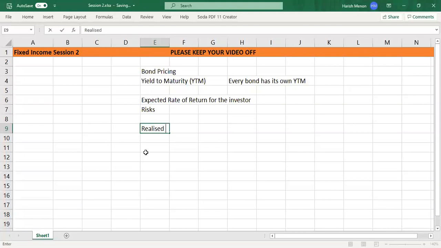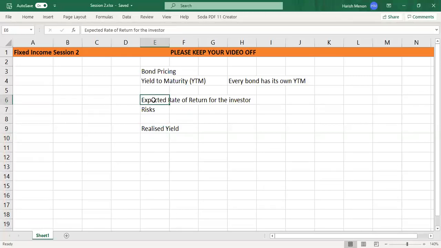So for every investor, we eventually talk about something called realized yield. Realized means the actual rate of return that you have got from the bond, and that you will only know eventually after the maturity. When you're buying the bond, valuing the bond, pricing the bond, you're worrying about the expected rate.